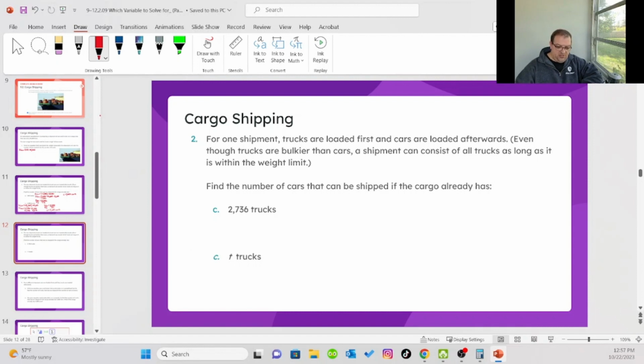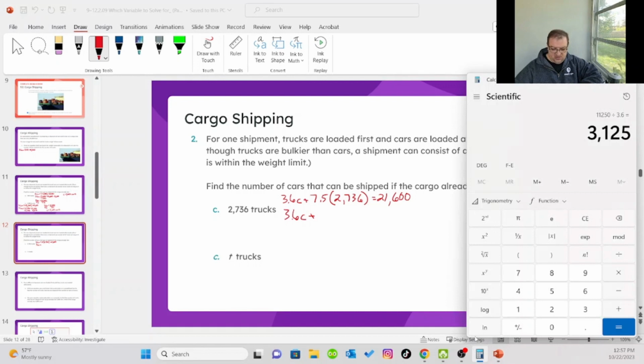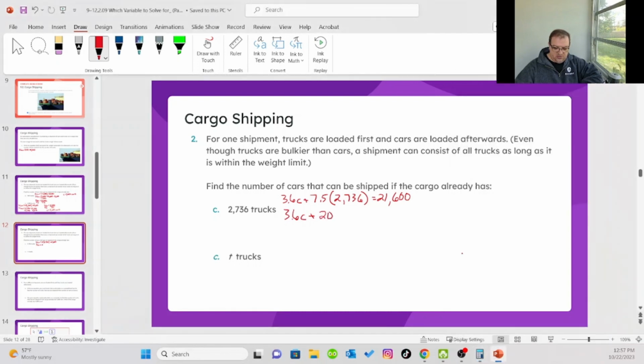Now we want 2,736 trucks. So that's 3.6C plus 7.5 times 2,736 equals 21,600. 3.6C plus 7.5 times 2,736 equals 20,520.